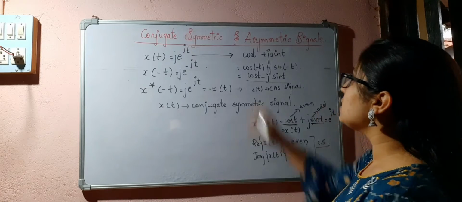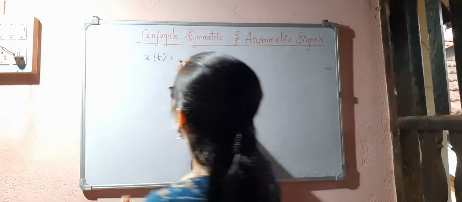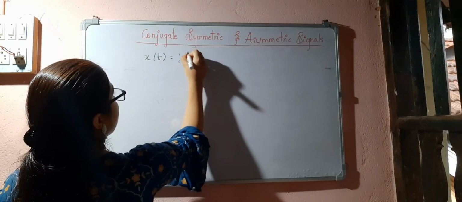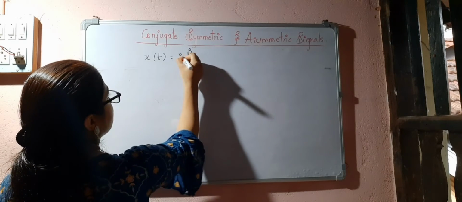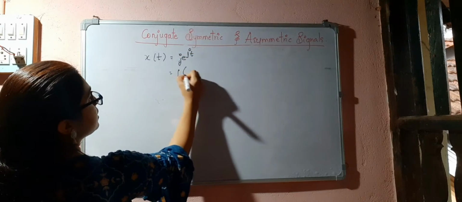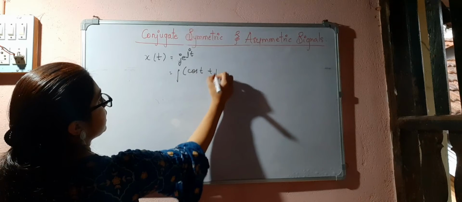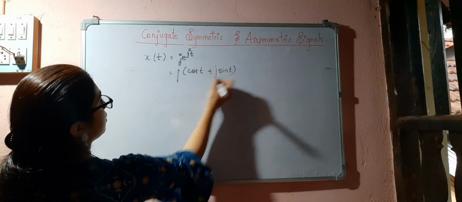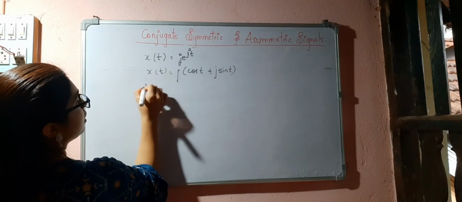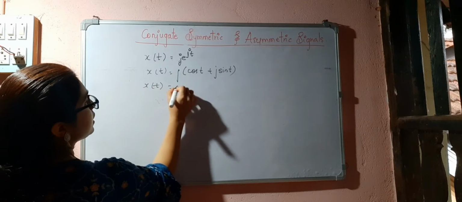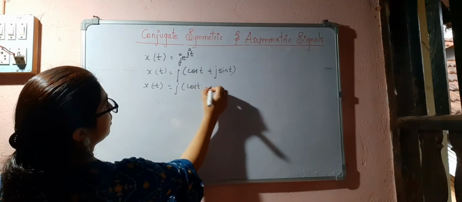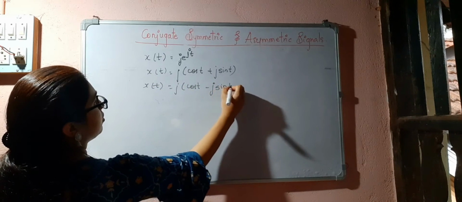Okay. So from this also, x of t is equal to j e to the power of jt. So I can write this as j cos t plus j sin t. x of minus t is equal to j cos t minus j sin t.